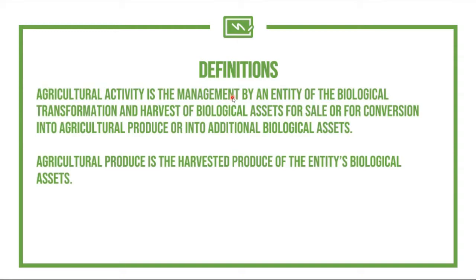Let's say, for example, if you are a fisherman, being a fisherman does not mean that you are in agricultural activity. The reason is because if you go to the sea to catch fish, the fish that you are catching was not managed by you. It was managed by the natural activities in the sea. So whatever you are harvesting is not really managed by you, so it is not considered as agricultural activity. The same is true if you are getting fruits from a wild plantation or a wild forest.